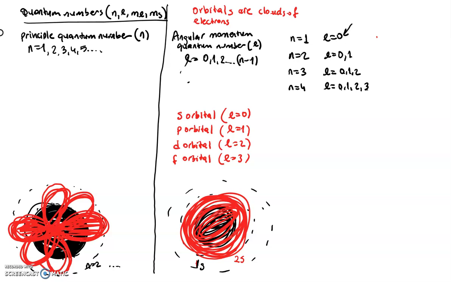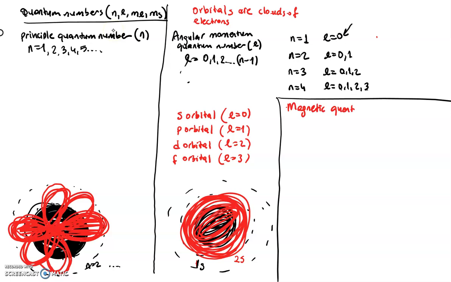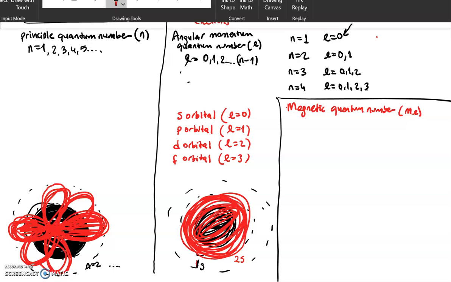And now we're going to talk about the magnetic quantum number, which is mL. So this mL is about the orientation of the shape.